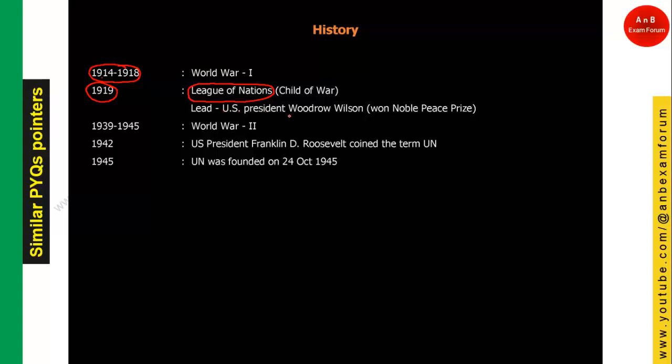And student, just remember, because of this President Woodrow Wilson won the Nobel Peace Prize. Why did he get the Nobel Peace Prize? Because he put a lot of effort into making the League of Nations, allowing all the countries to talk, so that a world war cannot happen again.